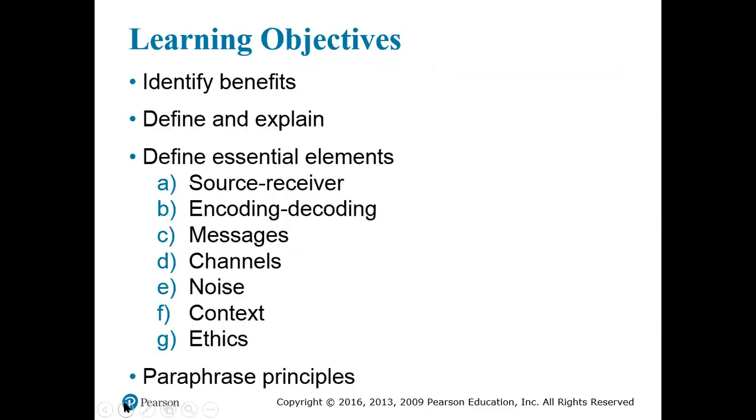Okay, so some of the learning objectives are: first, identify the benefits, which we've kind of covered, then define and explain what interpersonal communication is. Interpersonal communication simply is the interactions between two and sometimes more people. It's sort of all the communication you have: emails, texts, conversations, telephone communication, letters, all of that.